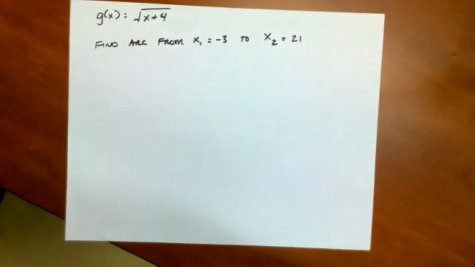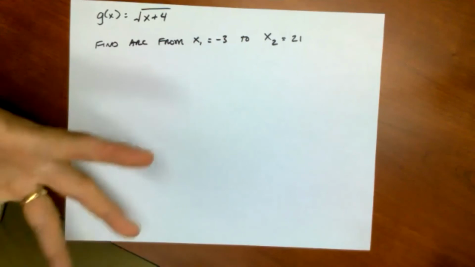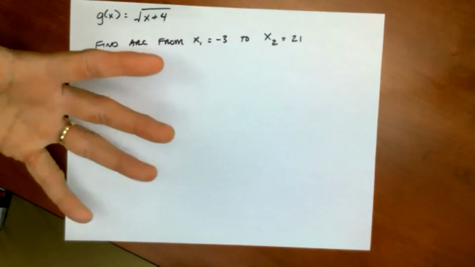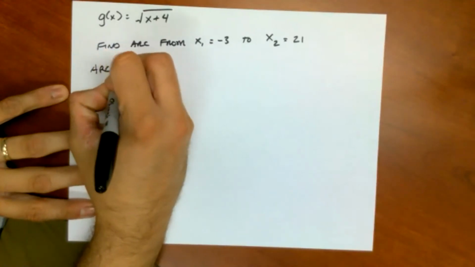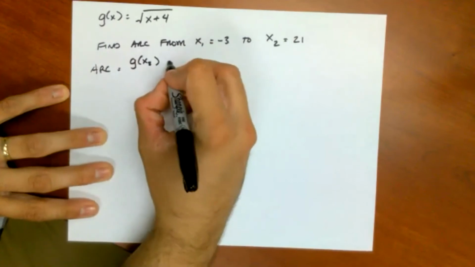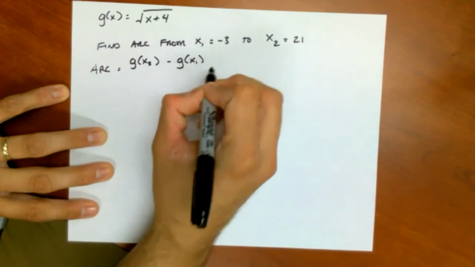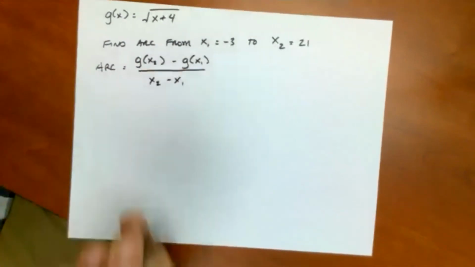From x1 that's -3 to x2 that's 21. So I'm going to go through this whole rigmarole again. I'm going to write the equation out. I'm going to plug in what we know, and then we're going to have to find g of x1 and g of x2. So the average rate of change would be g of x2, so y2, minus g of x1 over x2 minus x1.